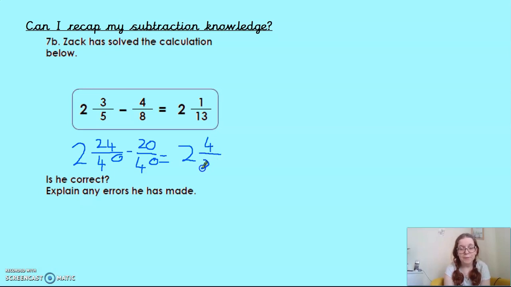Okay, and I can simplify my 4 40ths down, so I'm going to do that. I can divide them both by 4, my numerator by 4, which gives me 1, so it's going to be 2, and then it's going to be 1 over how many is 40 divided by 4, that is 10, so it's going to be 2 1/10.